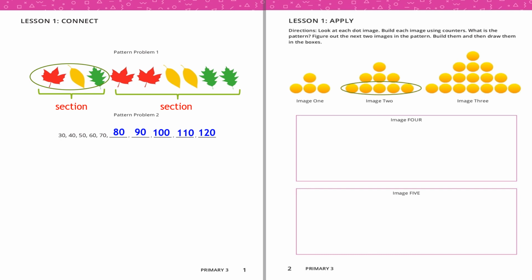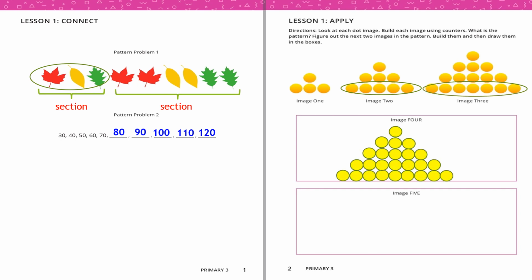Each time I add a below row with 2 dots more than the upper row. So image 4 will be 1, 3, 5, 7, 9. Yes, each time I will add a below row with the next odd number.